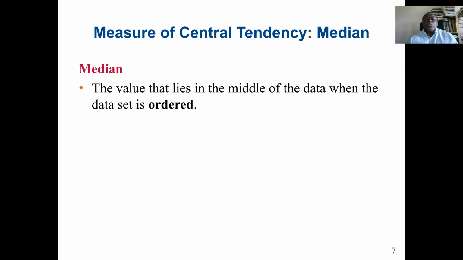So next we go to the median. Also the median, we use it to find the central tendency of quantitative data. Now, the first thing we have to do is to put the values in order, that is, sort it in increasing order.